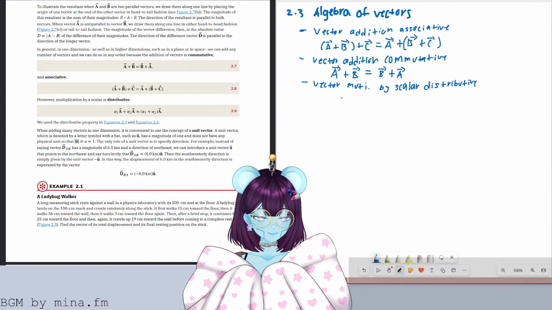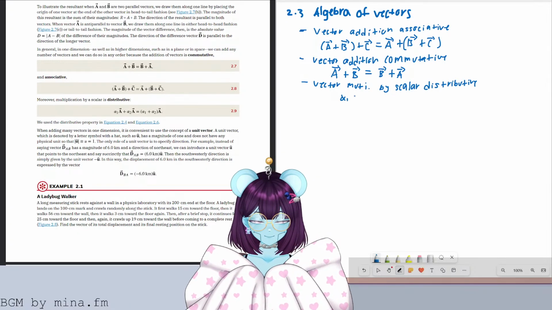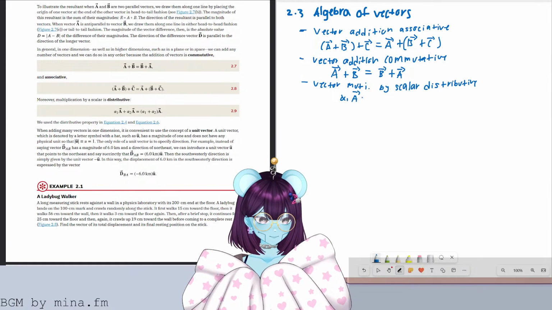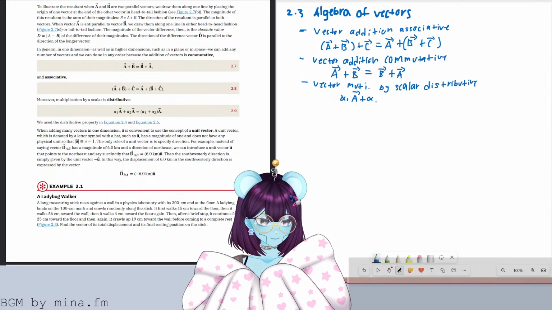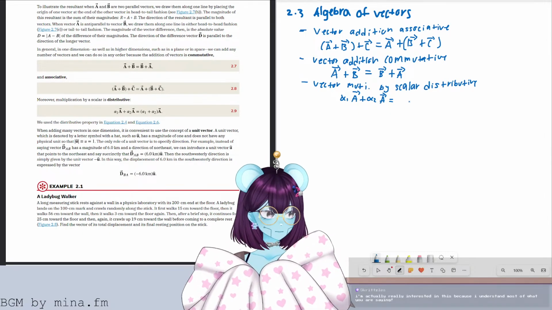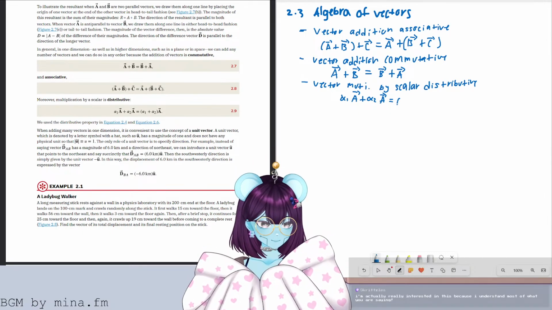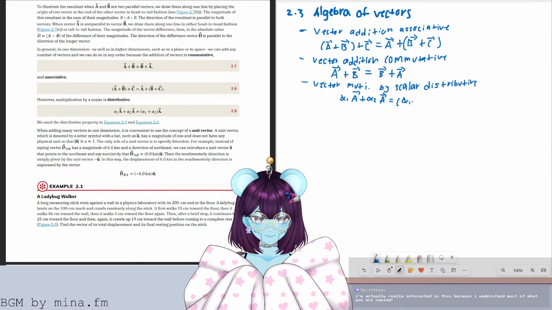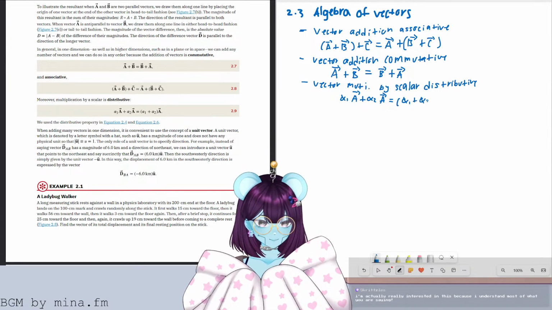So in this case, they have alpha 1, and then you have a, and then alpha 2, and then you have the a vector again. And because these are scalars, they don't have the arrow on top, you can write it like this.